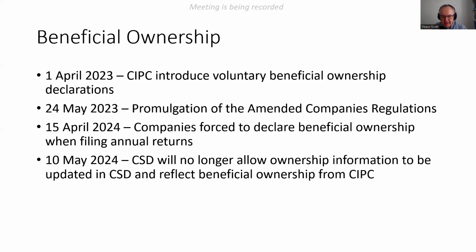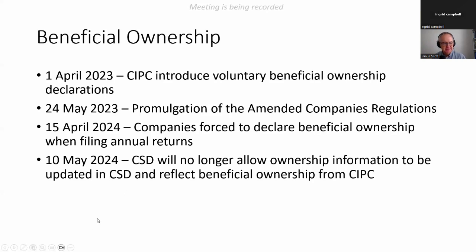So that's the big change for procurement: be aware that CSD no longer allows a supplier to go into the Central Supplier Database to update their ownership information. It was all pulled in from the CIPC system.